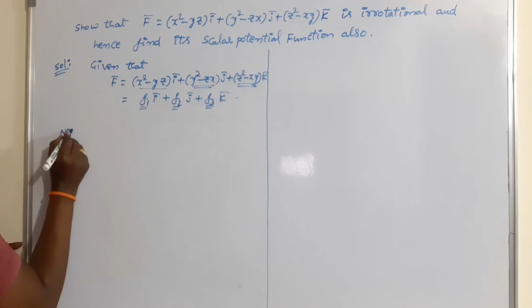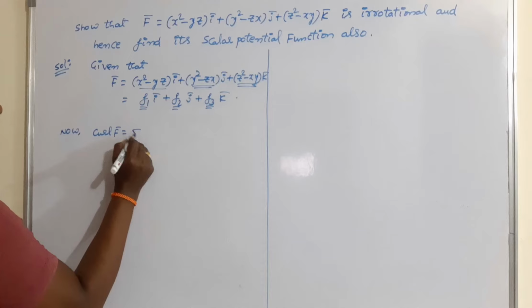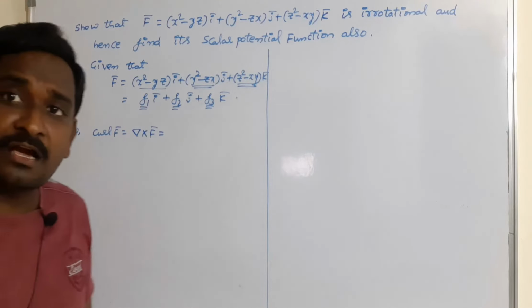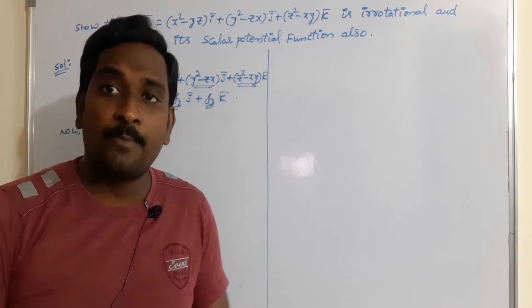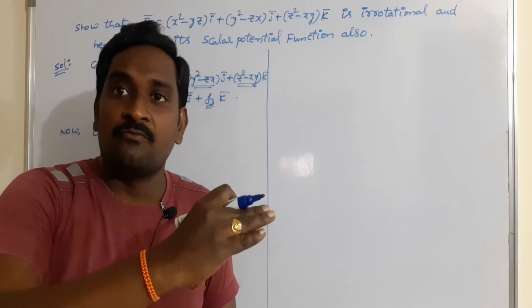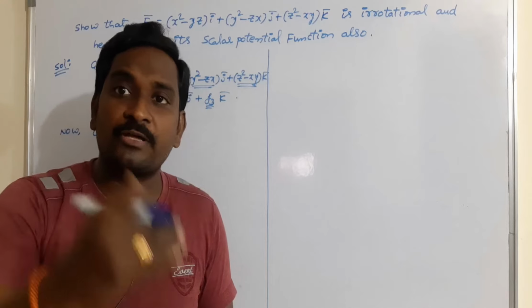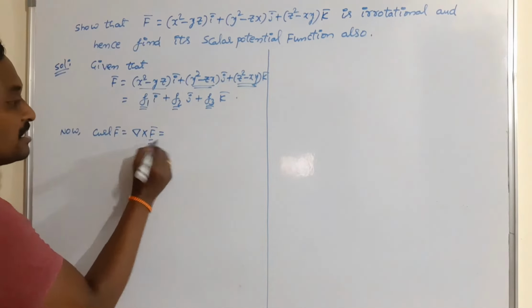So we have to find curl f bar now. Curl f bar is equal to, what is the symbolic notation? Del cross f bar. How can we evaluate curl of a vector point function? We can find curl of f bar by using the determinant of a 3x3 matrix whose first row is i bar, j bar, k bar, second row is dou by dou x, dou by dou y, dou by dou z, and third row is the components of the given vector point function f bar.